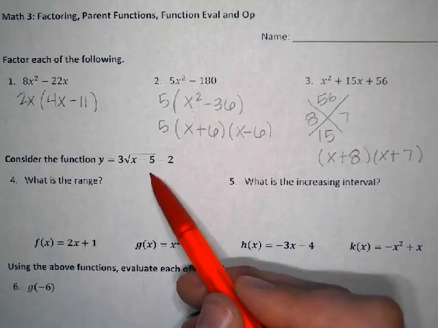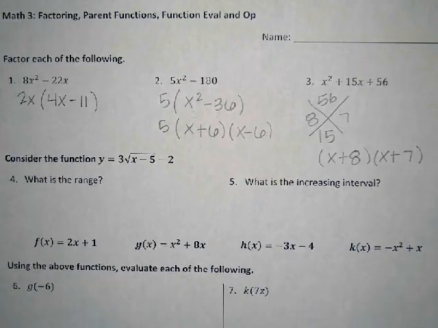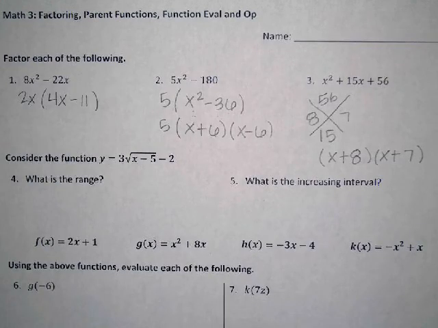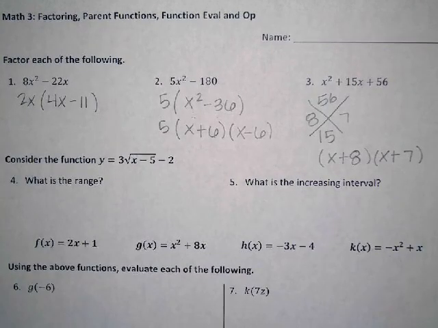Okay. And then when we go to Desmos, which we're going to need for the last couple questions, we've got 3 and then SQRT for square root, x minus 5, get out of that, minus 2.